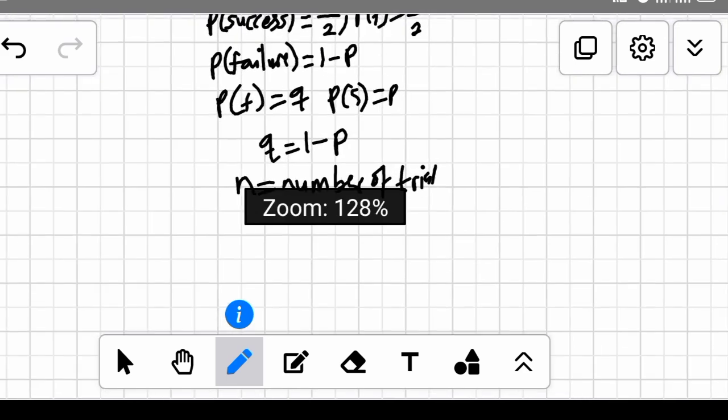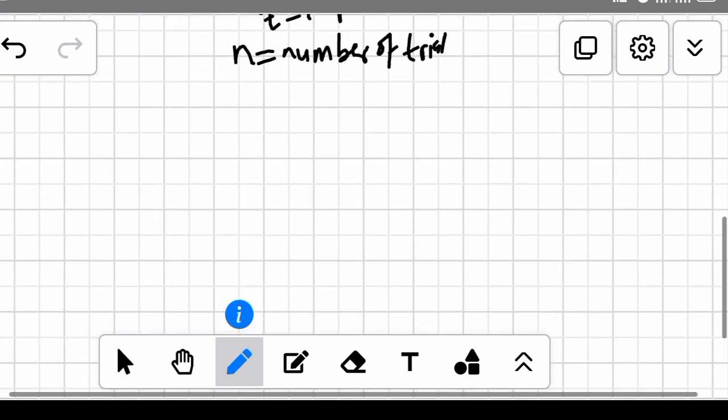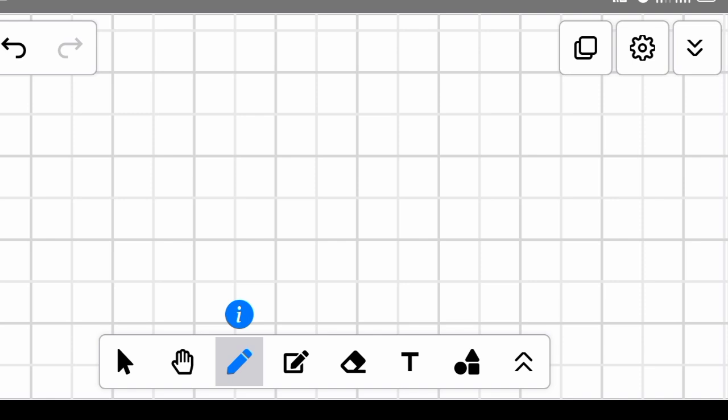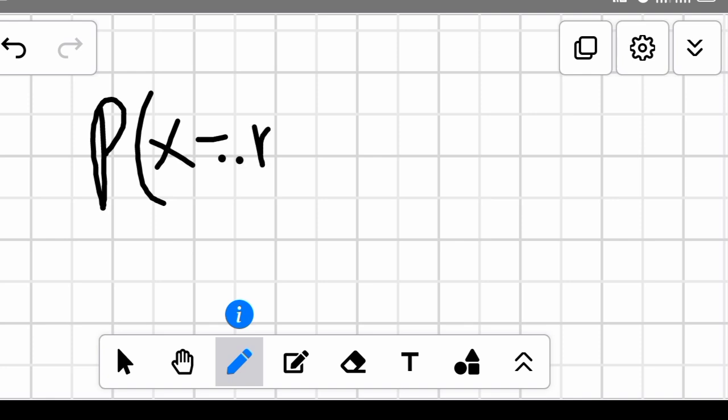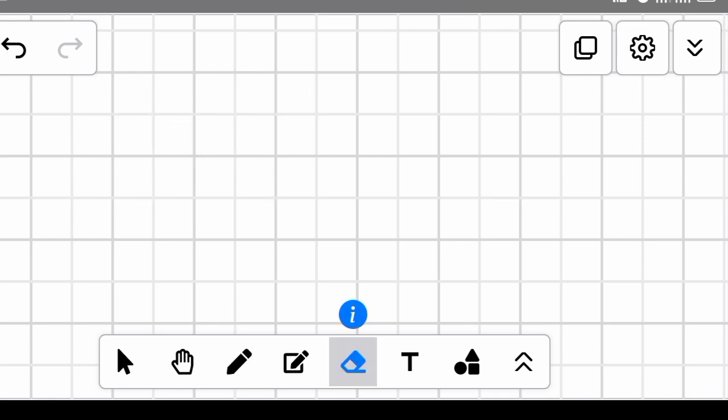So now, let us take it this way. To find the binomial distribution, we use the formula P of X equals R. Okay, you'll be wondering what R means.